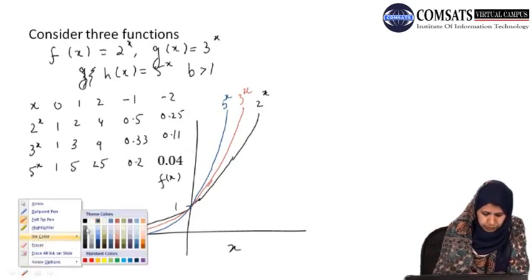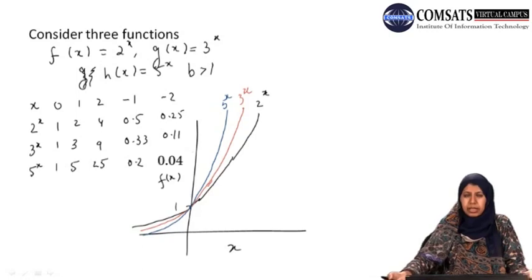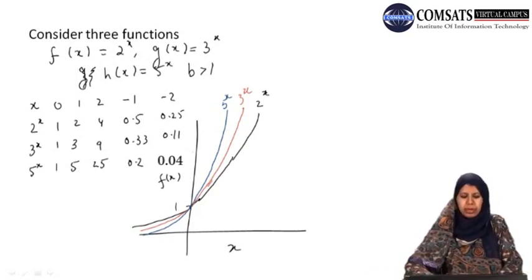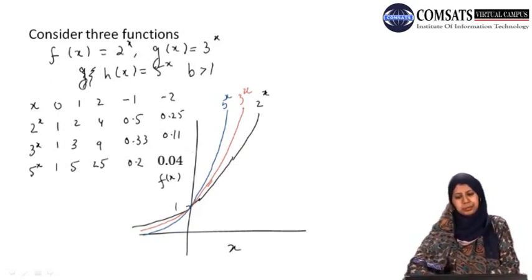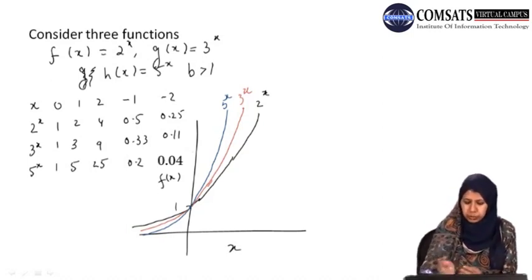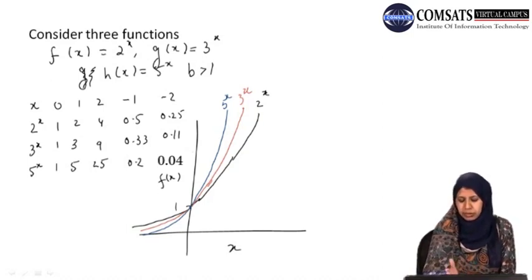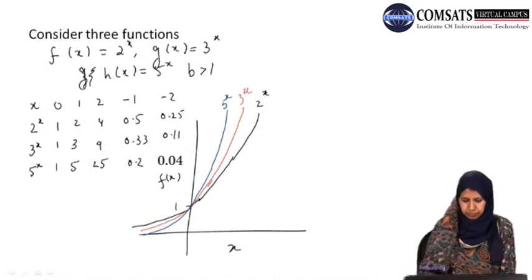So what we have observed from these three graphs is that they behave in the same manner, they all pass through 0, 1, and the higher the base, that is, if the base 3 is greater than 2, the graph is closer to the positive y-axis.